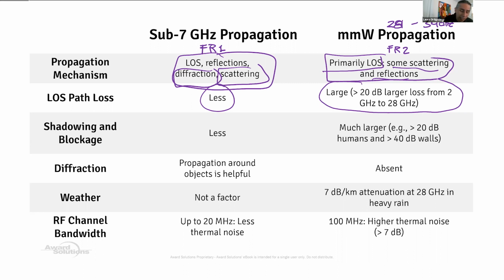Now, the channel, in LTE, my largest channel that I have in AWS is 20 megahertz. So my thermal noise corresponds to 20 megahertz. But in 5G, my carriers could be as large as 400 megahertz. But I don't have the spectrum. Yeah, but if you have 100 megahertz, you should be getting 7 dB more of thermal noise because the carriers are huge. Okay, very good.